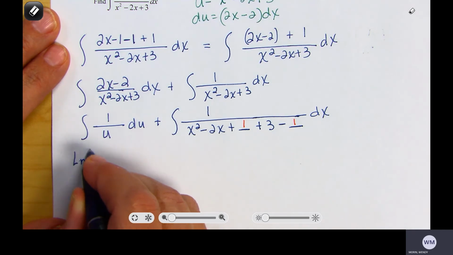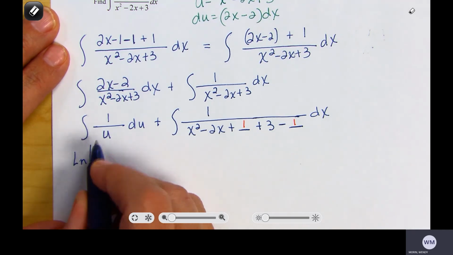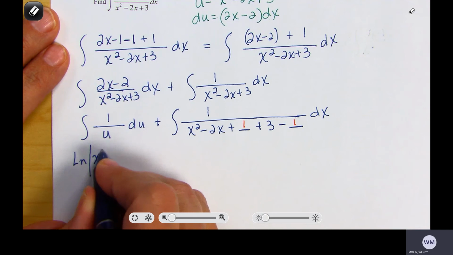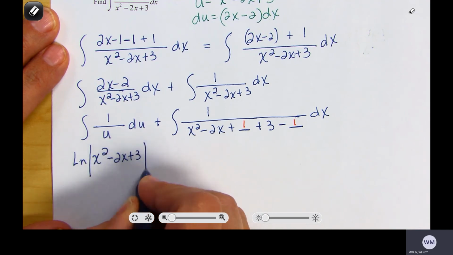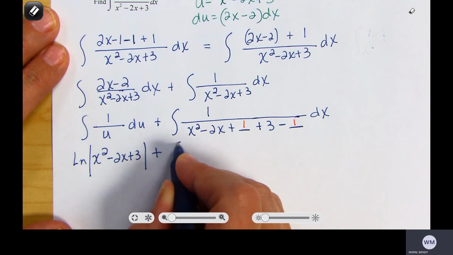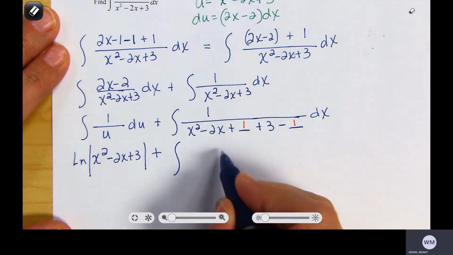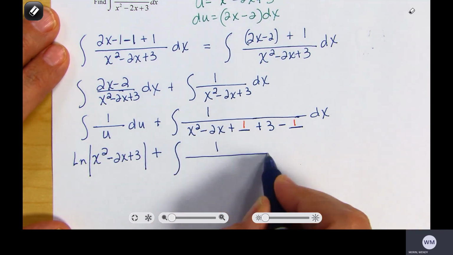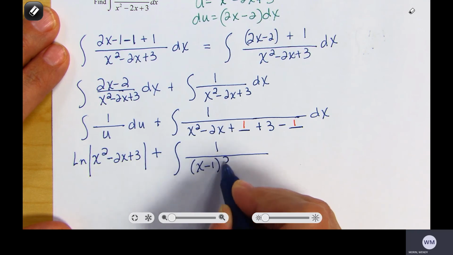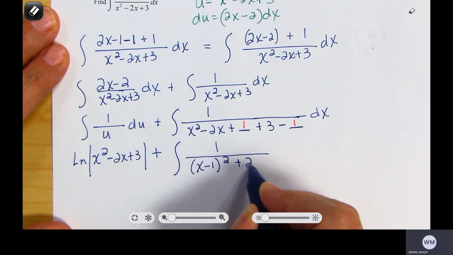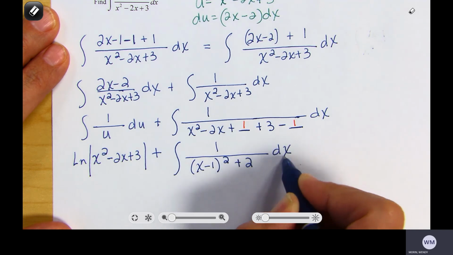That's the natural log of the absolute value of our u, which was x squared minus 2x plus 3. Plus, I still have to do this piece. 1 over x minus 1 squared plus 2 dx.